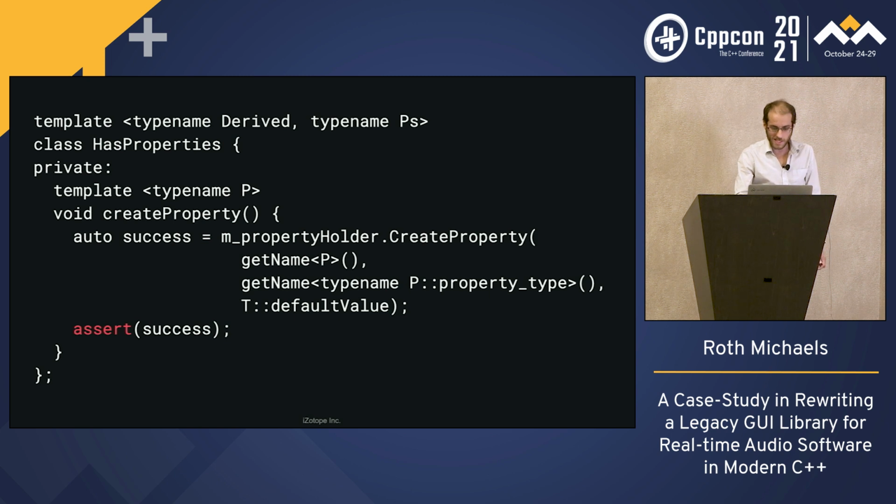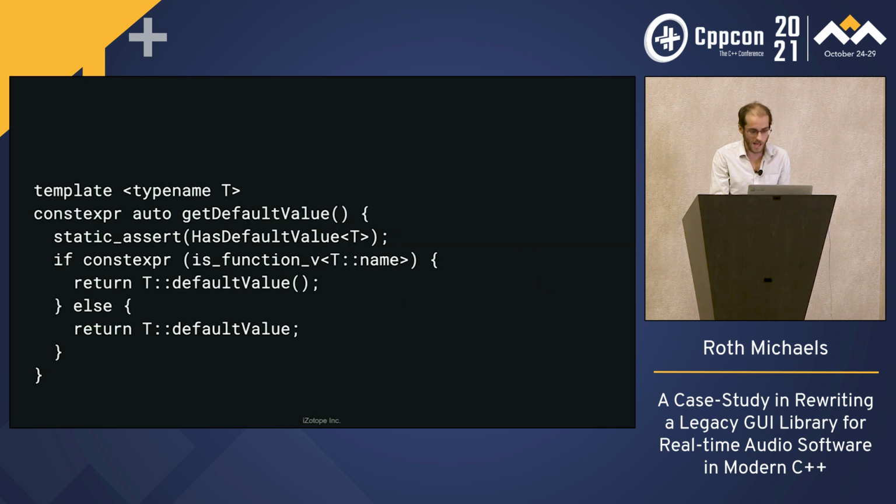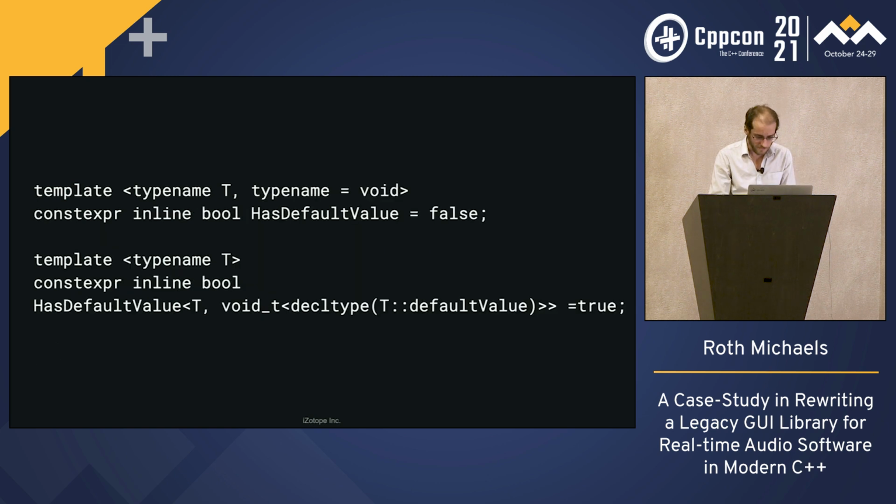Now you might see default value has the same problem as name. What if we wanted a function instead of a constant member to describe the default value? We can do that as well. Get default value P. And this is exactly the same thing as the get name, except find and replace default value for name. And has default value, same trick we did before to write our type trait.